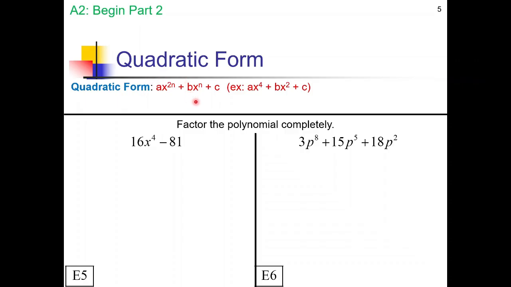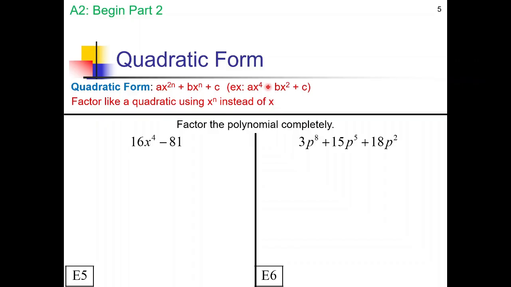Now the hallmark of all of these, and the reason we're calling them quadratic forms, is that you can use quadratic techniques to factor these. The only difference is you're going to factor these like a quadratic using x to the n as your smallest unit instead of x.